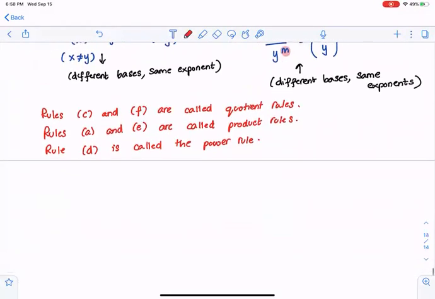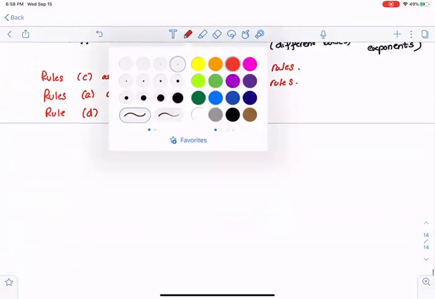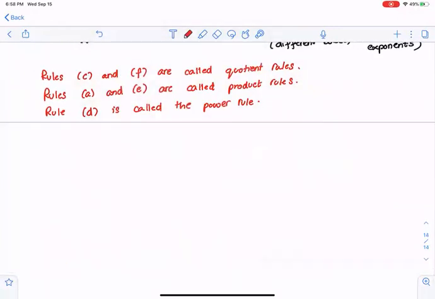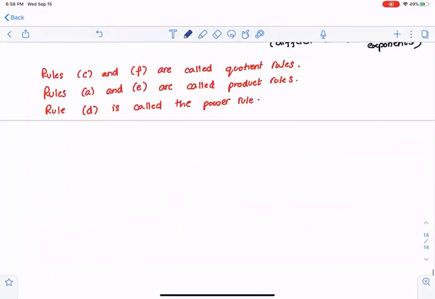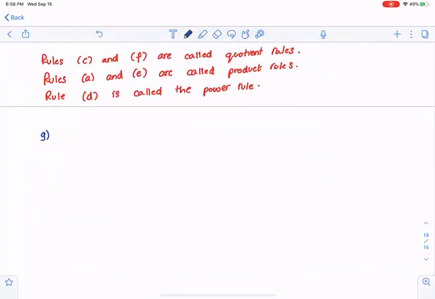Before we move to the example, I guess I'll write this rule now. So if I have x raised to negative m, it is the same as saying 1 over x raised to m.